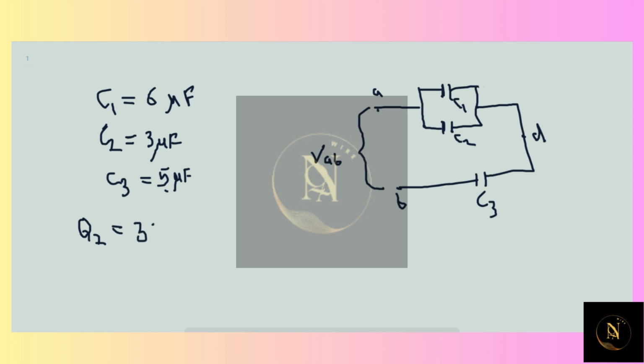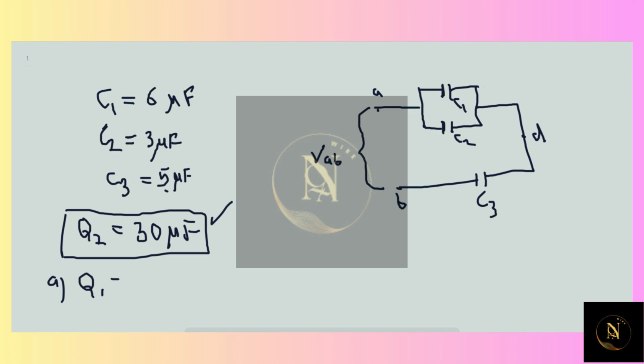So we are given the charge on one of the capacitors, that is C2, and in the first part of the problem we are being asked to find the charges on each of the capacitors C1 and C3.